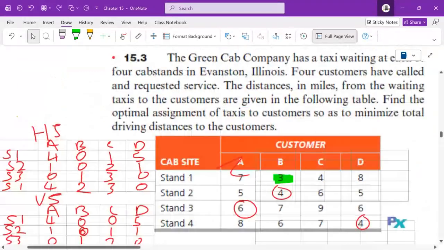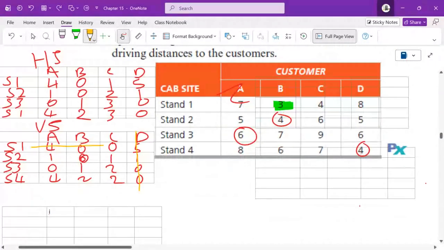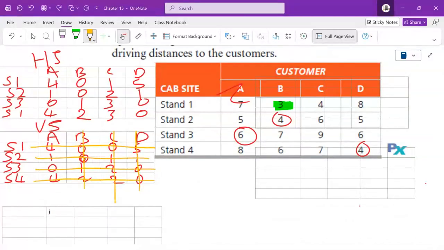Let's do this. Do that. Do that. Do that. Do that. And do that. You'll see something. Okay. For each row, there must be a solution.